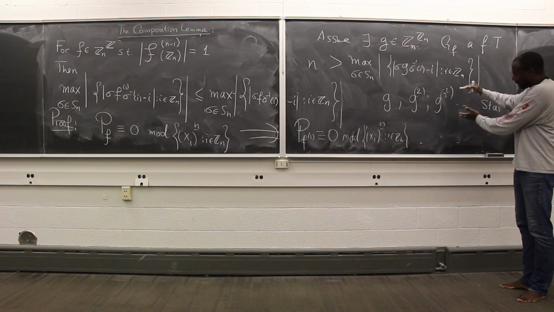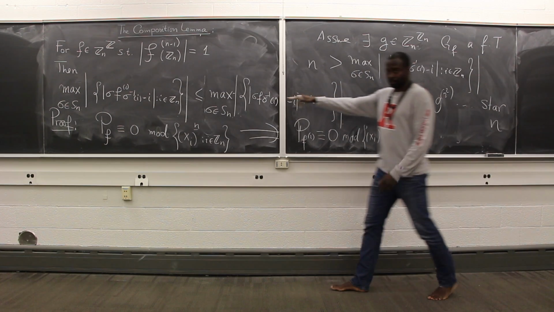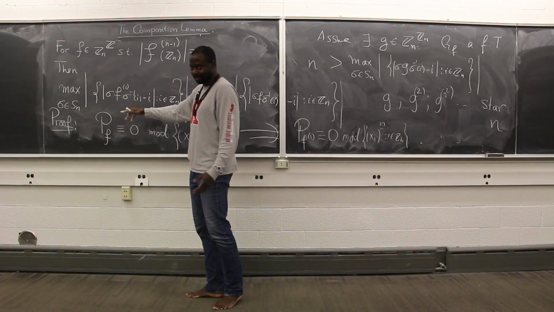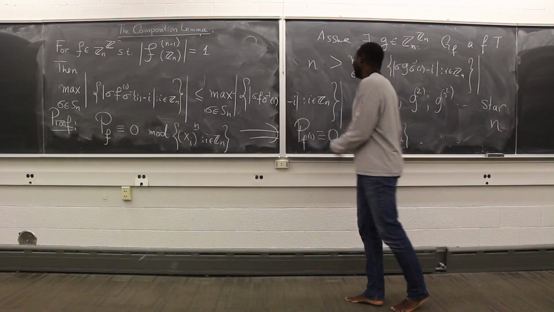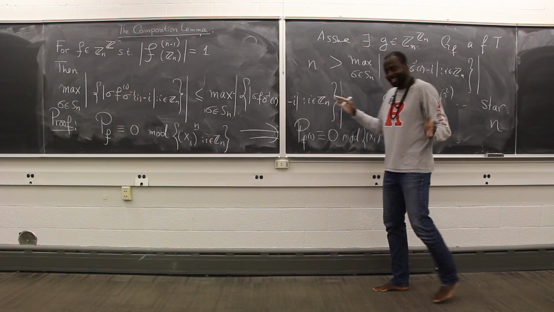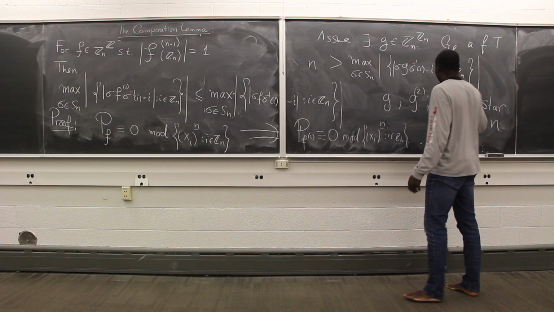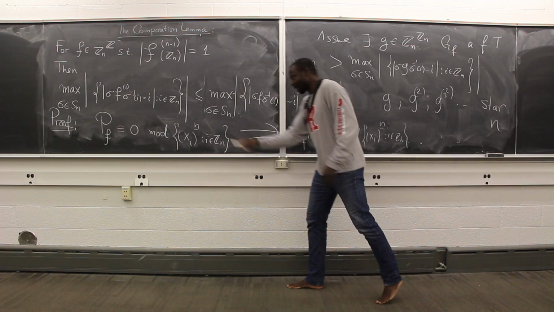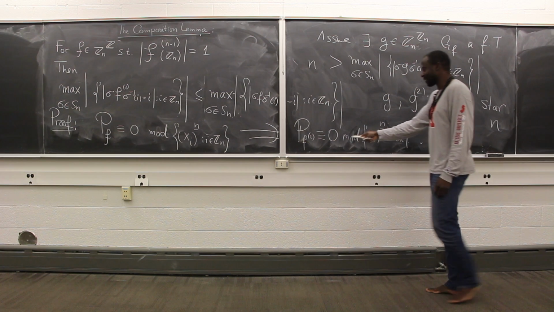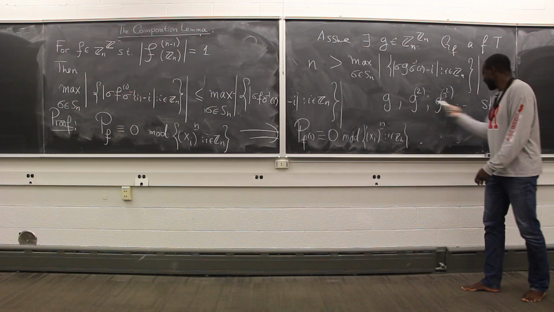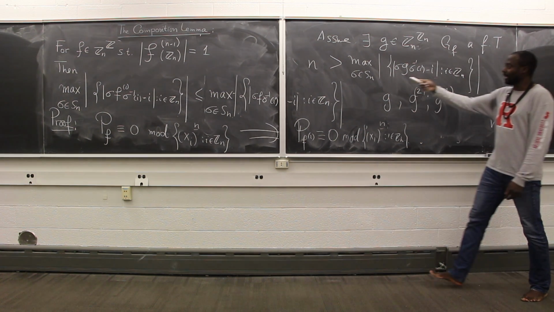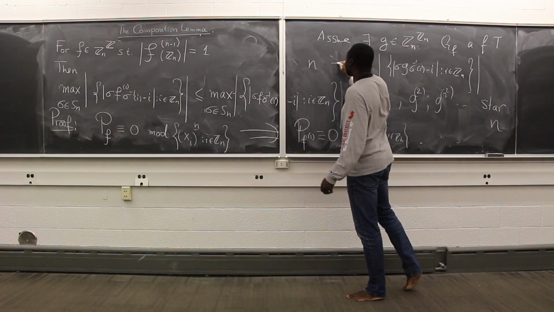So if this is possible, the lemma is false. Okay. All right? So I'm going to show that the lemma is true. If I prove independently that this is true, PF being 0 forces PF2 to be 0, it basically establishes that this cannot occur, and therefore the maximum for every has to be n.